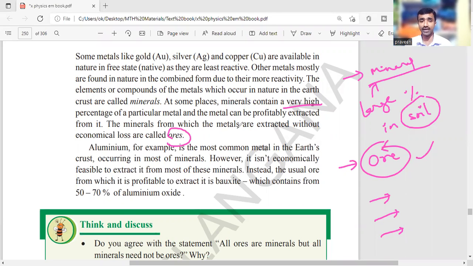Which is considered to be ore? That which is economically feasible to extract.